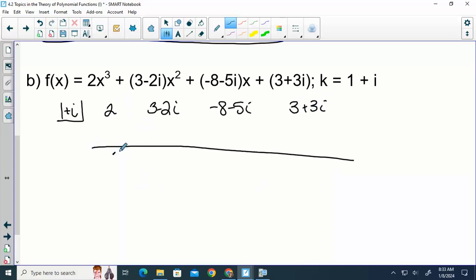So 2 comes down. What do we have to do to multiply those? Yes. So 2 times 1 is 2, plus 2 times i is 2i. And we get 5. Oh, okay, that's what I want. 5 times 1 is 5, plus 5 times i is 5i.